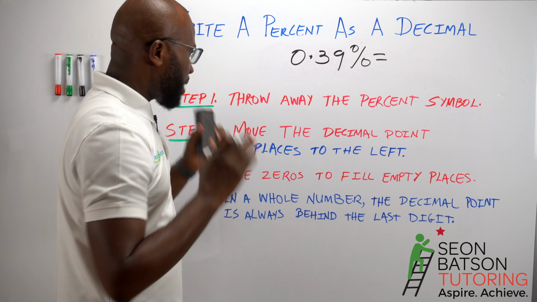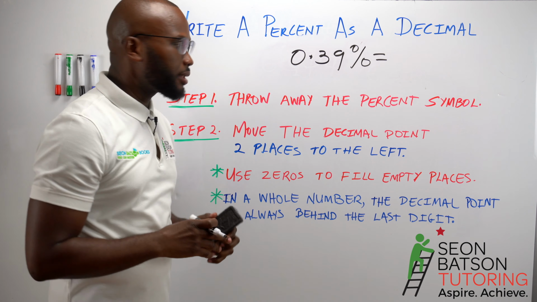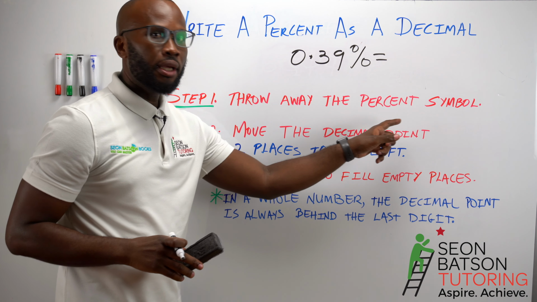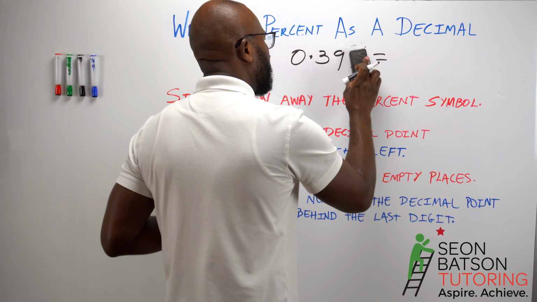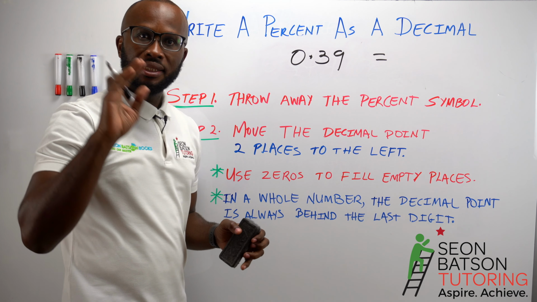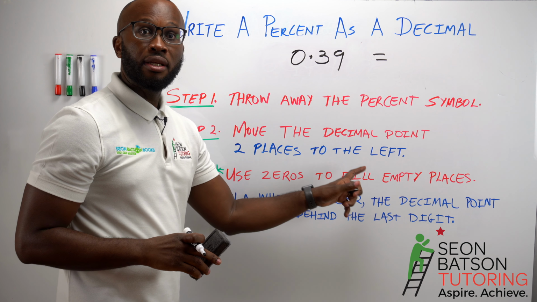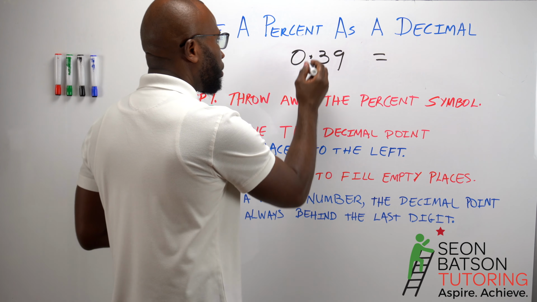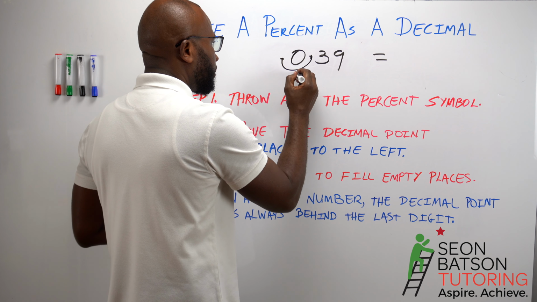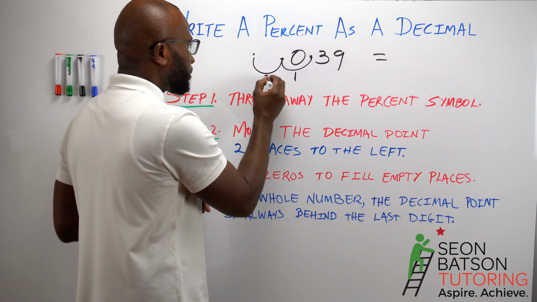So again, remember the plan. Step 1, we will throw away the percent symbol. We don't need you anymore. Bye-bye. And then step 2, we are going to move the decimal point 2 places to the left. So we'll go 1 time, 2 times.